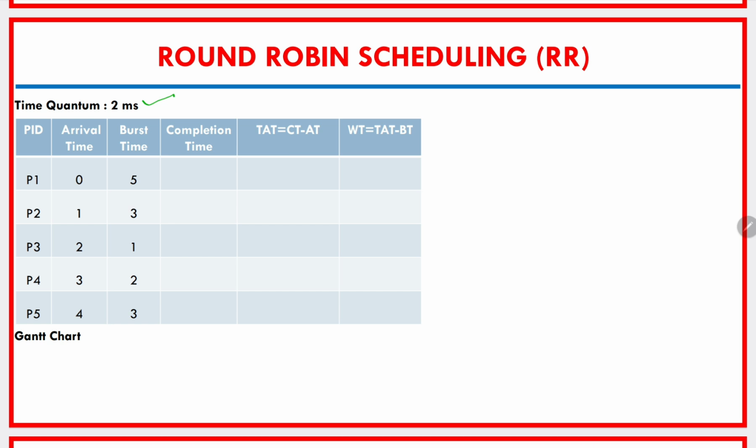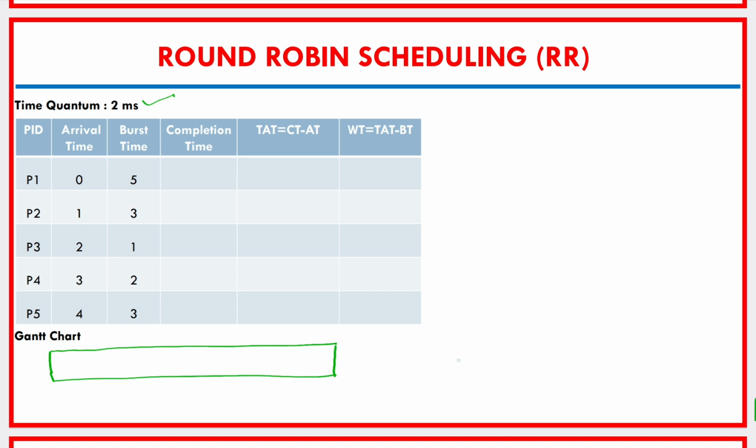So we know that before we begin with the calculation of these two things, we need to prepare a Gantt chart, based upon which we'll be calculating the completion time. So let's prepare a Gantt chart for this. There is something we should be very careful about while selecting the next process for execution. I'll be preparing a Gantt chart, but I'll also be maintaining a ready queue over here to avoid confusion regarding who will come next.